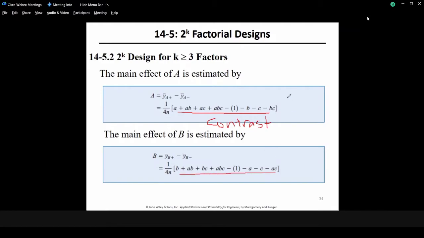Remember the matrix like this, run one, from the previous example? So you get this, you have A, you have B, you have C, and then you can get the contrast, similar to the previous example.